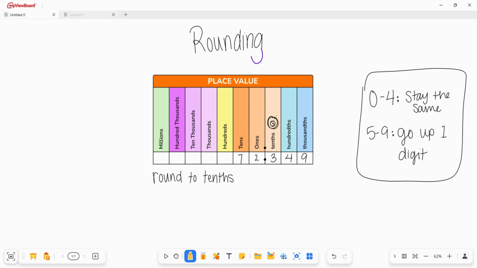I need to look at the number before it, because that is the number we use for that chart over there on the side. So if I have a 4, the 4 is telling me that I'm going to stay the same. So my target number stays the same. So I should have 72.3 because that 3 stays. Everything that follows my 3, no matter how many digits there are, gets replaced with a 0.